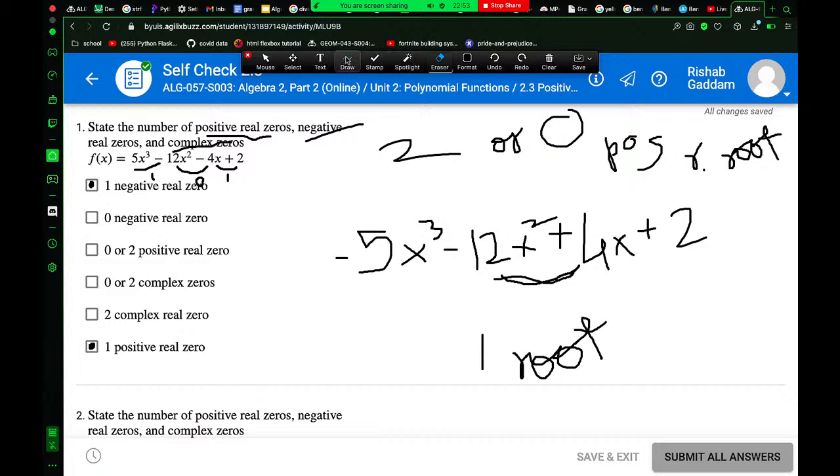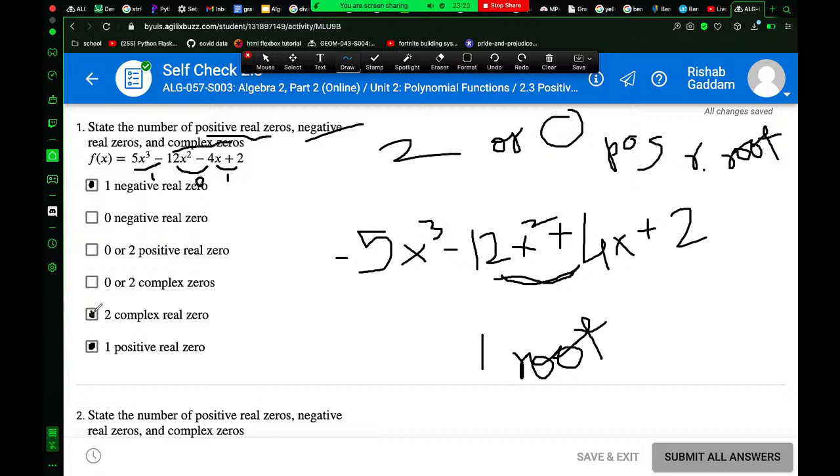You're actually going to have something like 0 or 1, or, yeah. Okay, it's going to be 2 real zeros. Sorry, 2 complex.